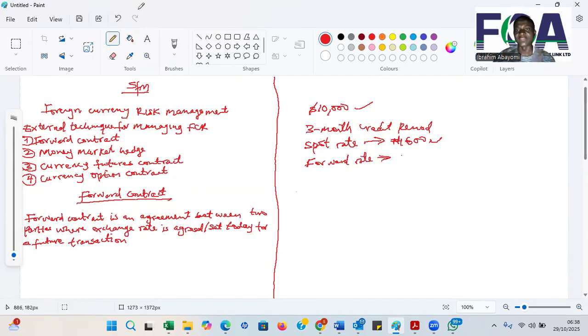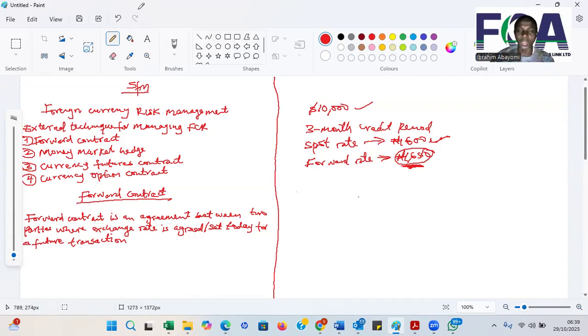Let's say the forward rate is 1,650. So the moment we agree these forward rates, whatever happens to the exchange rate in the future, I am going to buy dollars at 1,650 in 3 months' time, regardless of whether naira has appreciated or depreciated. That's what we call a forward contract.